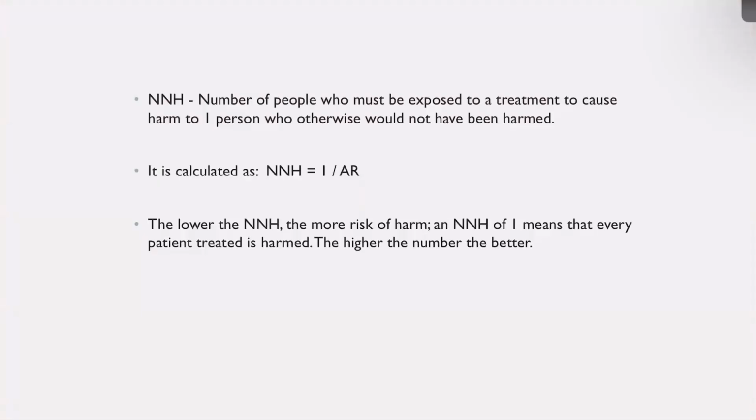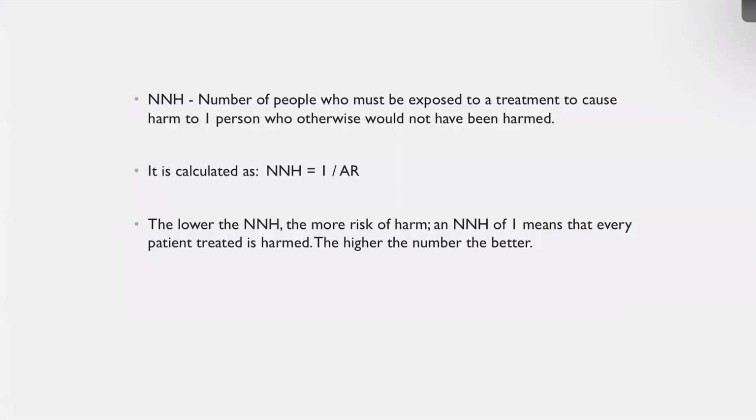And then similarly, we have number needed to harm. Number needed to harm is the number of people who must be exposed to a treatment to cause harm to one person who otherwise would not have been harmed. Remember, whenever you're giving someone a drug, there must be some side effects, so there must be some harm in giving the drug.